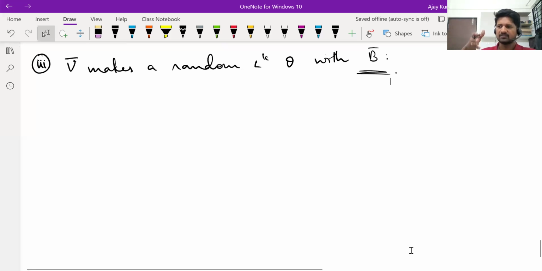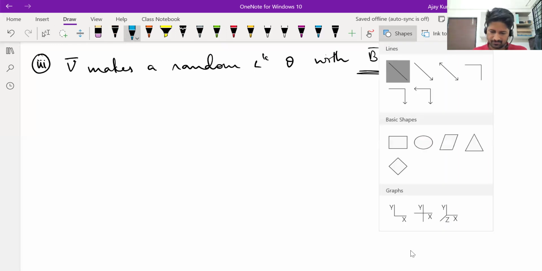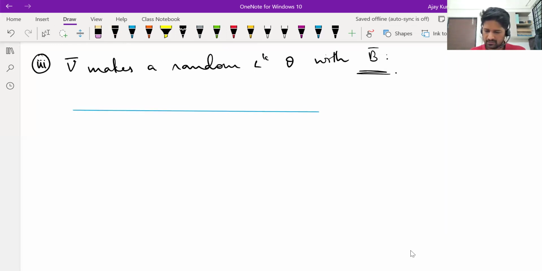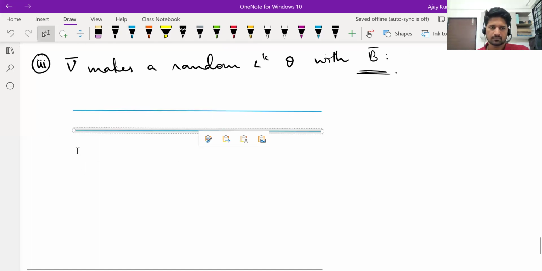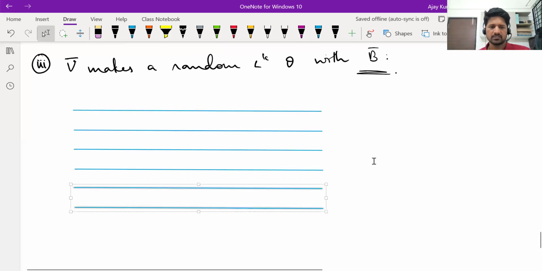So we can't take magnetic field in the z direction here, because then you won't be able to visualize the angle between velocity and magnetic field clearly. So let's say the magnetic field is this way, to the right. We are dealing with a uniform magnetic field itself. And you all know that for a uniform field, the field lines will be parallel with equal spacing between them. So let this be the magnetic field.